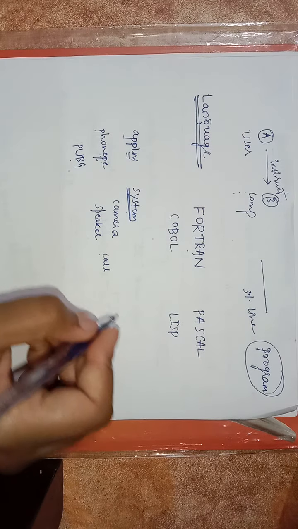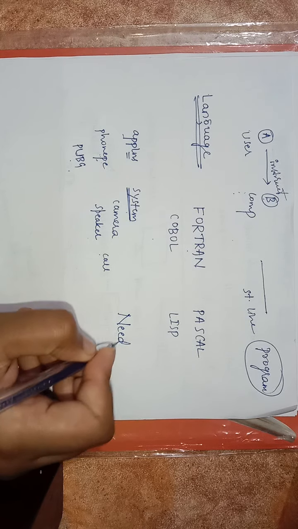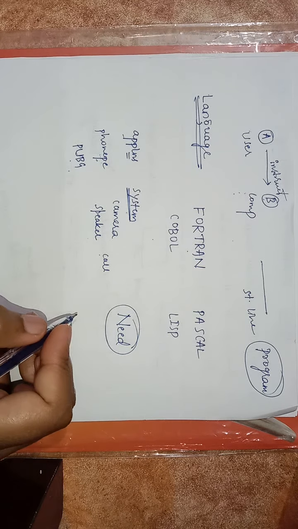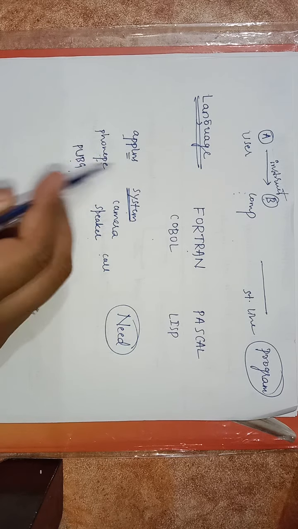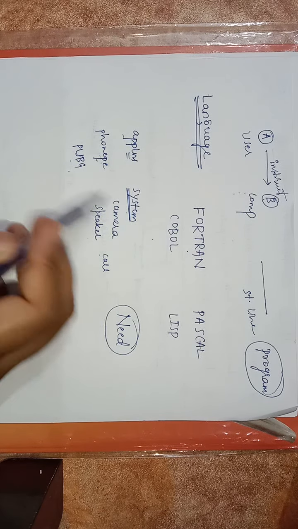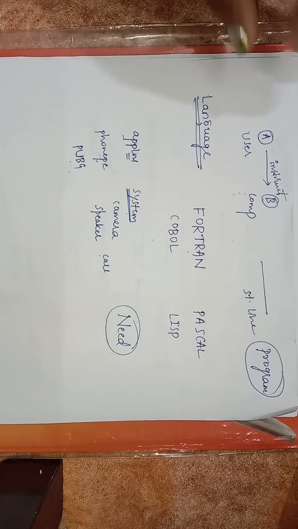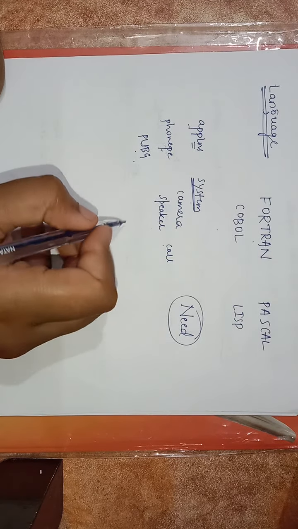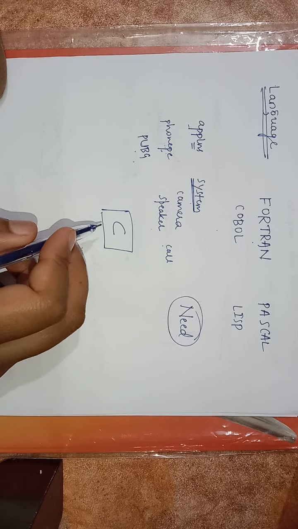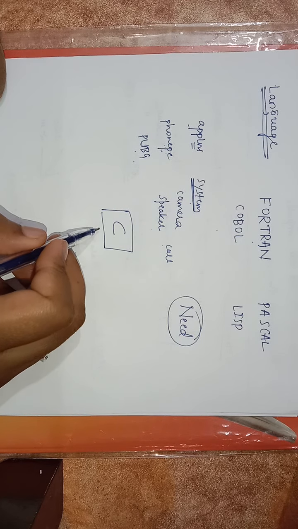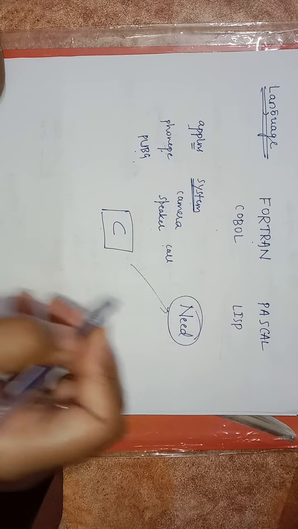So in this situation, there is a requirement to develop such a language which is used for both application programs and system programs. So in that situation, the superhero came, and that is the C program. A new programming language, developed to fulfill this need.